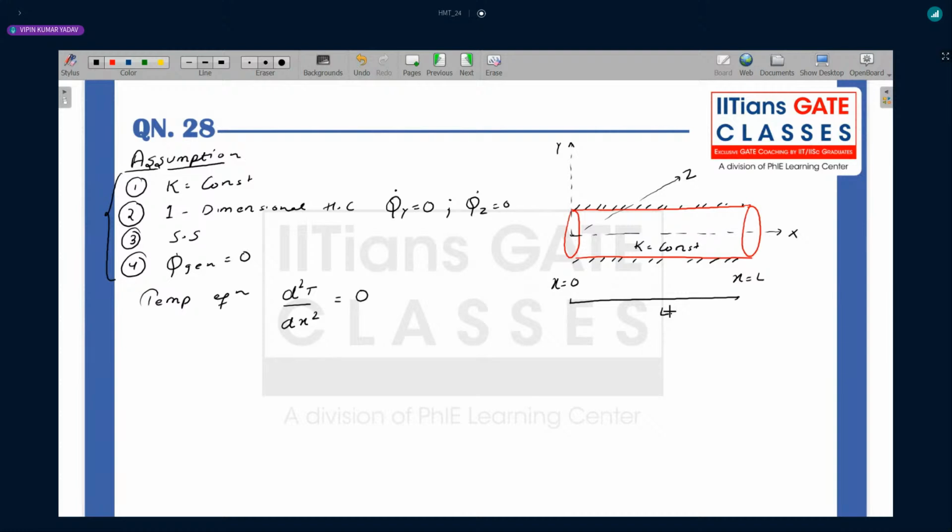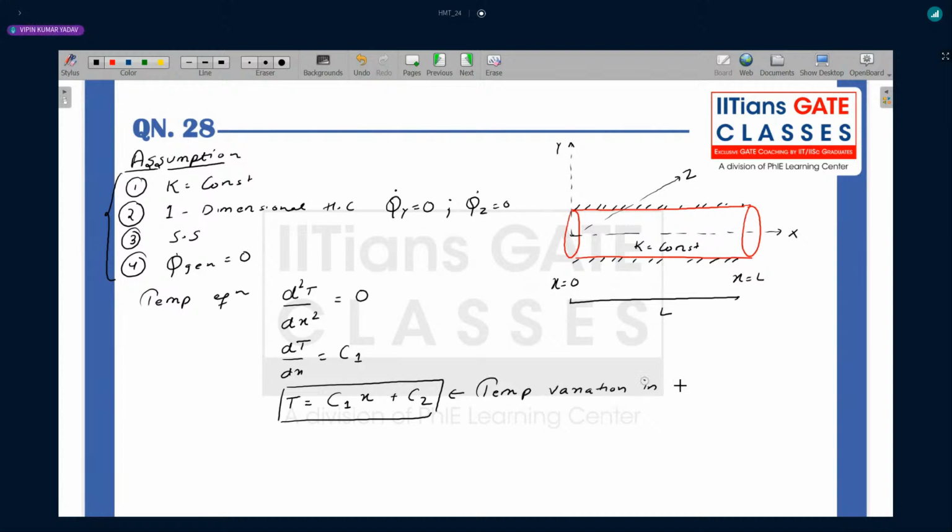How are we going to see that? We are going to integrate it twice. First integration gives dT by dx is equal to C1, and then we integrate one more time, so we will get T is equal to C1 x plus C2. Now this equation is the temperature variation in x direction, how the temperature is varying.